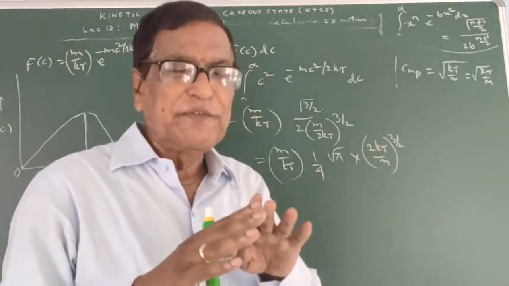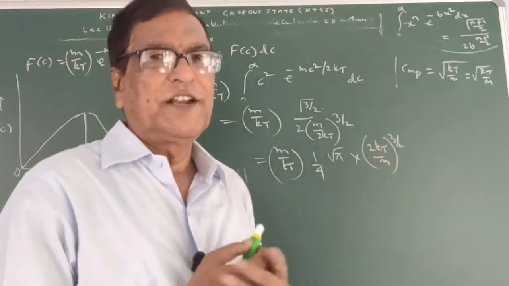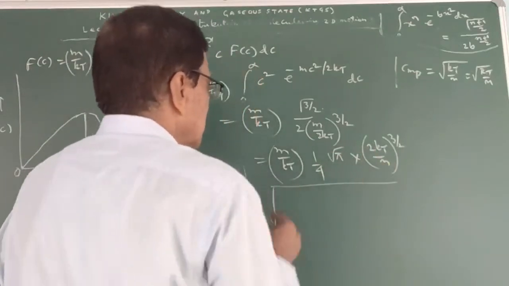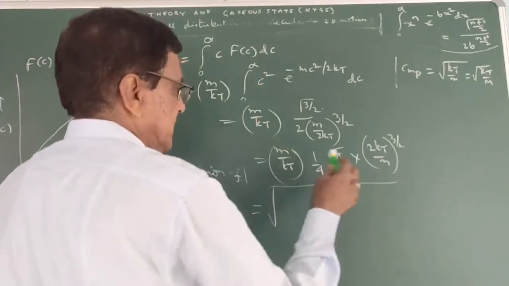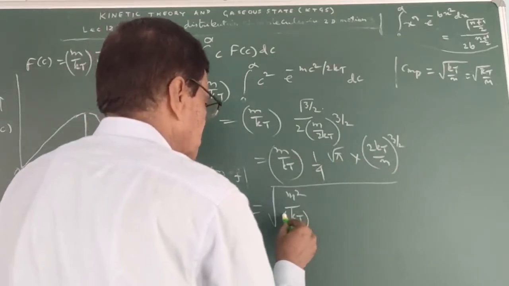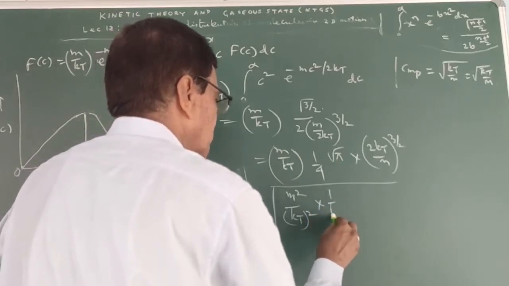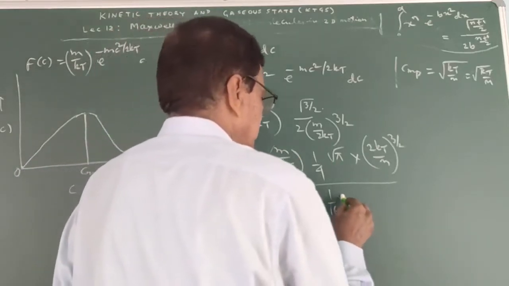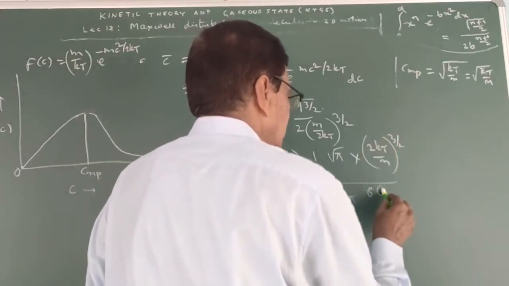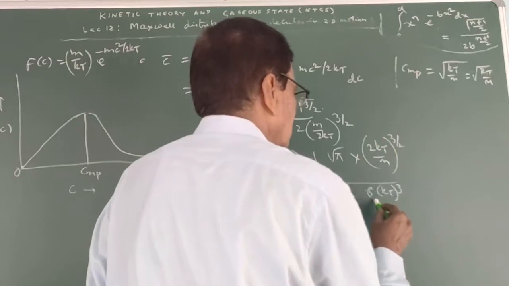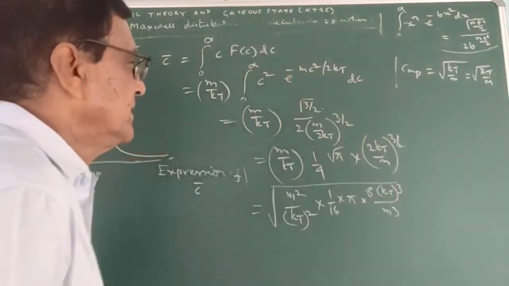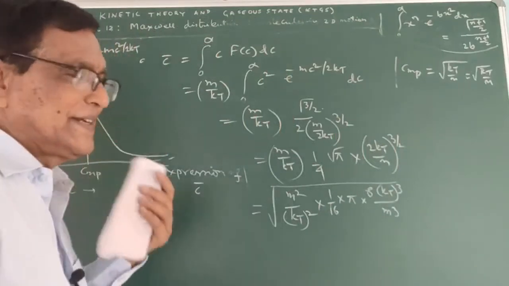Then I think it will be much easier to get the final value. So this one equals root over m square, kT square, 1 by 4, pi, and here 8 kT cubed divided by m cubed. It becomes easier to cancel the like terms.